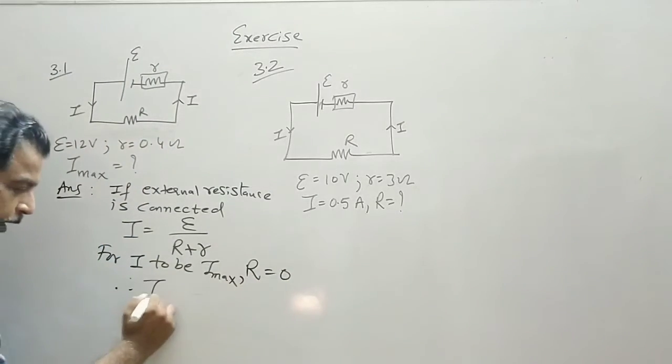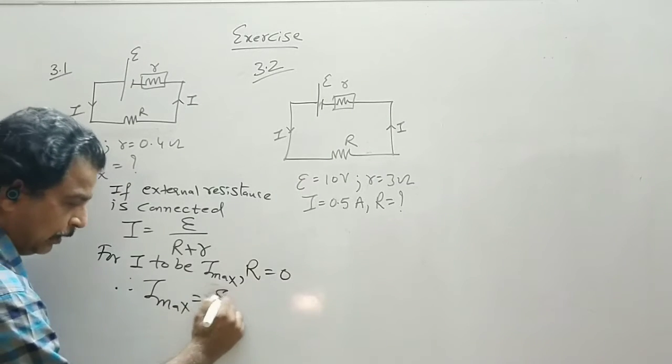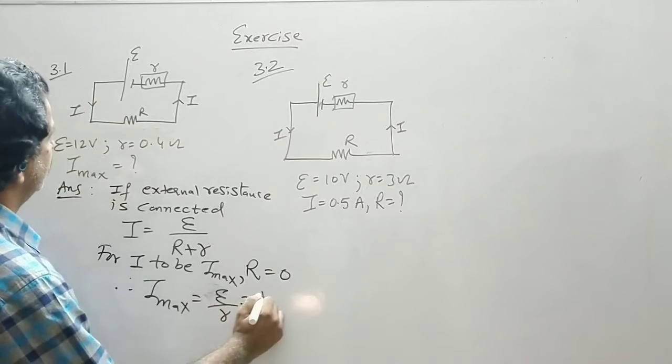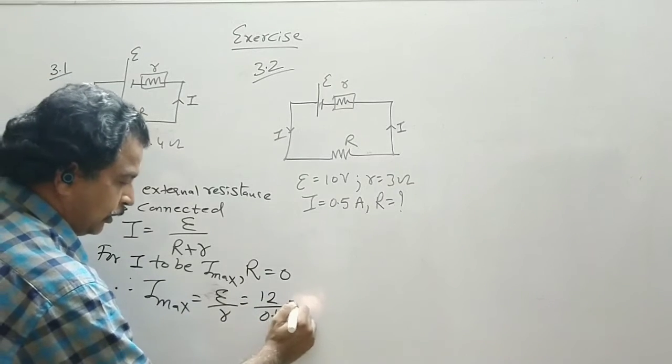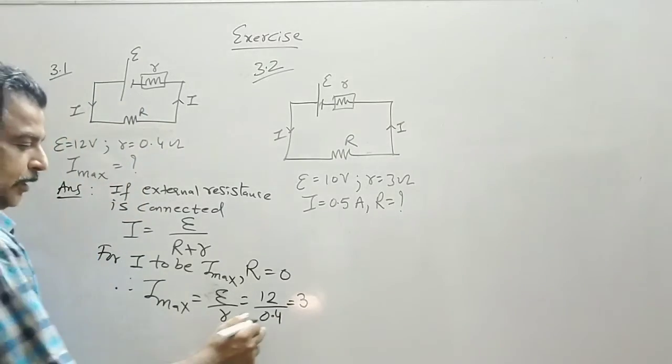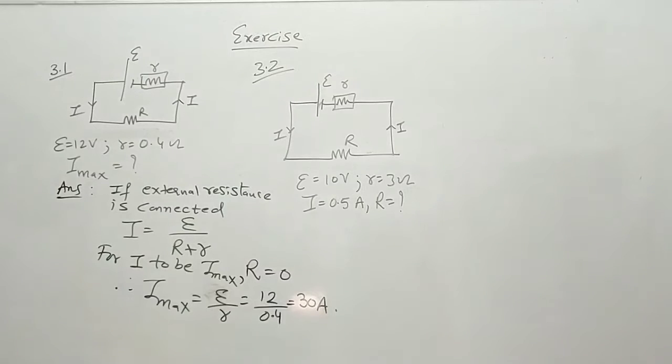And therefore, I max formula is E upon small r, that is 12 divided by 0.4. So the current becomes 30 ampere. So you have to remember that if the external resistance is 0, the current flowing in the circuit is maximum, that we have discussed earlier also.